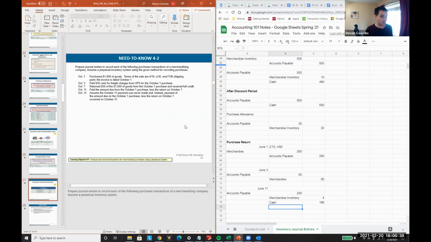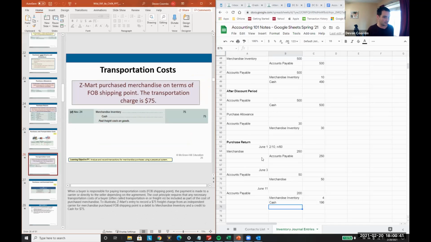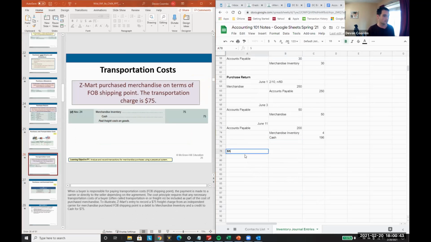And so I'll put that here in your Google Sheets. Shipping point and destination. What if we just say freight is $75? If it's shipping point, we'll have merchandise inventory. People just call it inventory, just so you know.